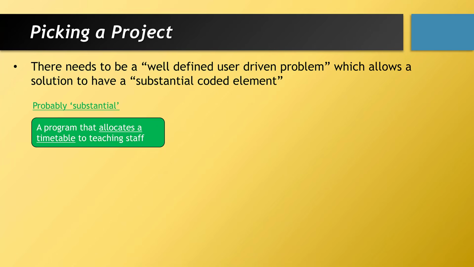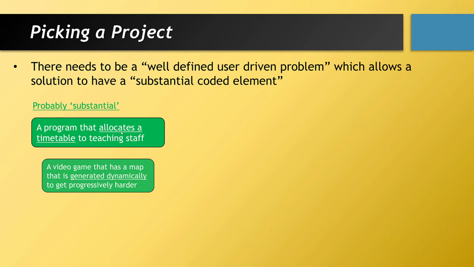And so if you can write a program which actually allocates a timetable to staff, that would be great. Because of that, it would need a fairly complicated algorithm to actually do this. It's not just a trivial problem, it takes a fair bit of processing and actually is one of the more complicated areas of computer science, this sort of timetabling aspect.